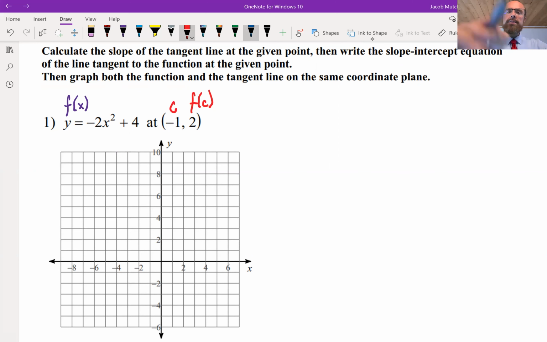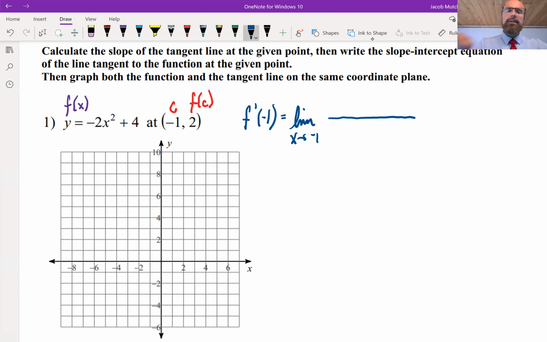So we are ready to set up our slope of the tangent line. So we are calculating f prime at -1. Again, this is the slope of the tangent line at the x value of -1. So that is the limit as x approaches, that would have been c, so I'm going to substitute in -1, of this fraction.